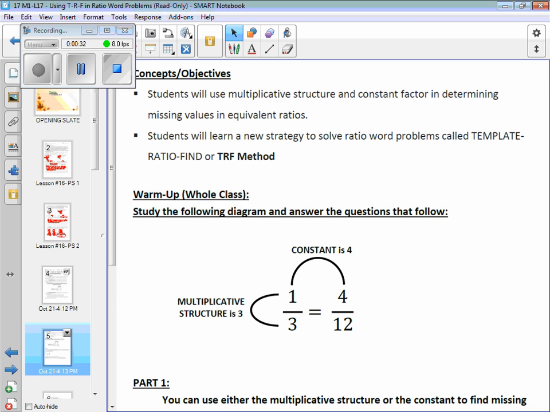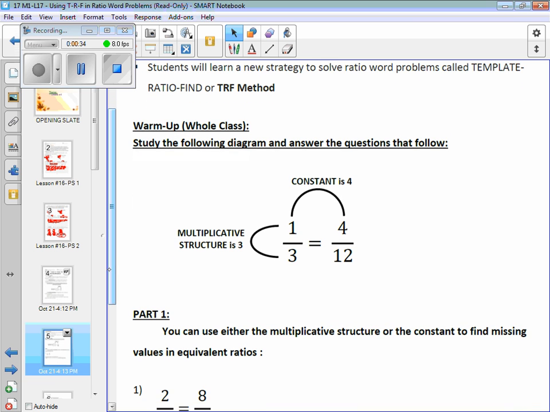And starting with this little mini diagram, this shows you the difference between what we mean when we say constant and multiplicative structure. It's often confused, okay? You have two ratios, 1 to 3 and 4 to 12. They are equivalent ratios.